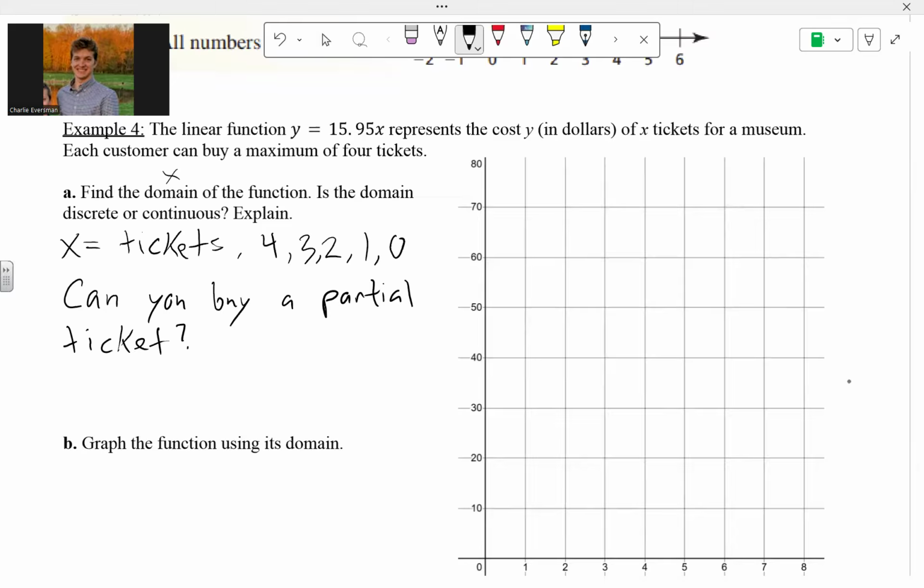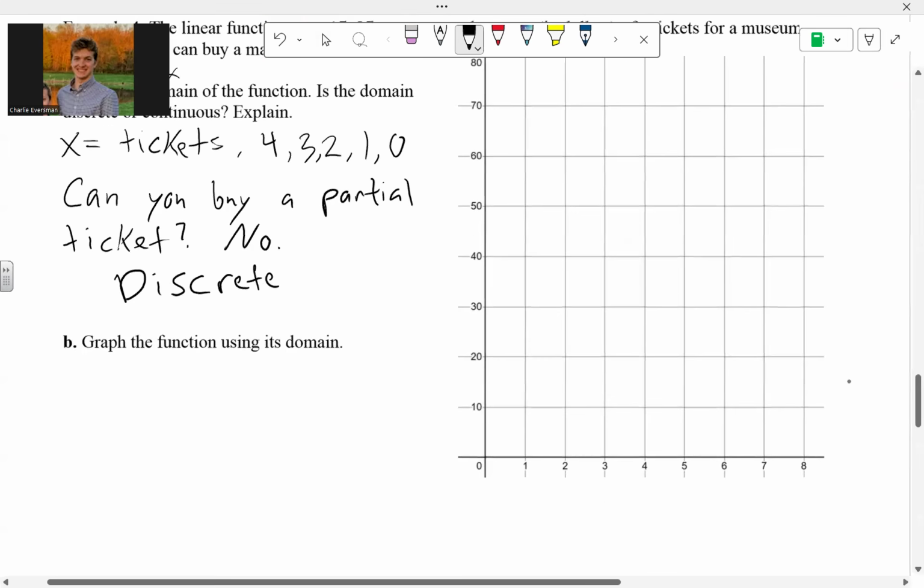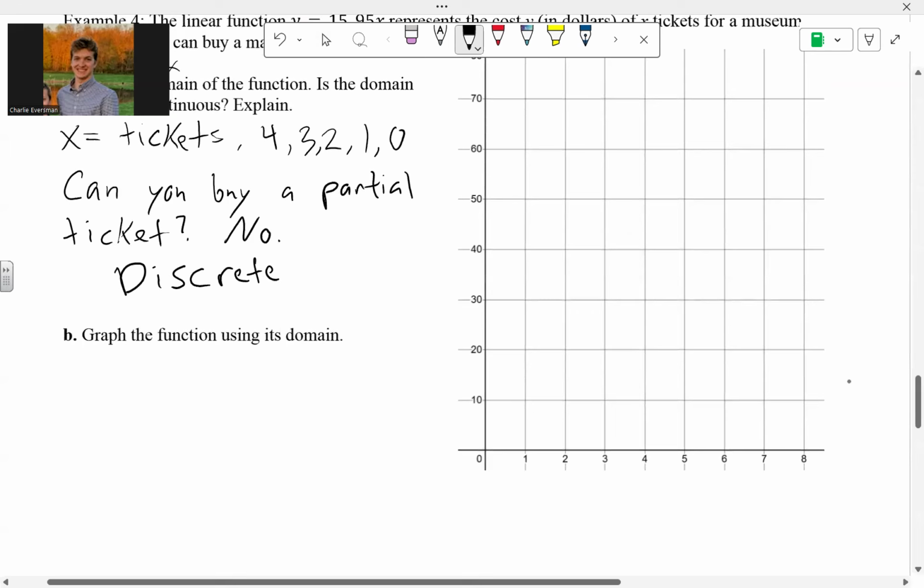I'm talking about can you buy one half of a ticket? You should get pretty quickly, no, the answer is no. You cannot buy a partial ticket. Because the answer to this question is no, because you can't have any of the values between the ones that you already found in your domain, we say this is a discrete domain. The domain only contains those 5 numbers, nothing in between them, nothing past them, nothing before them.